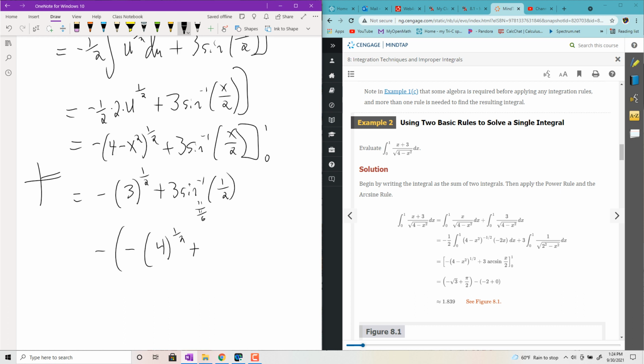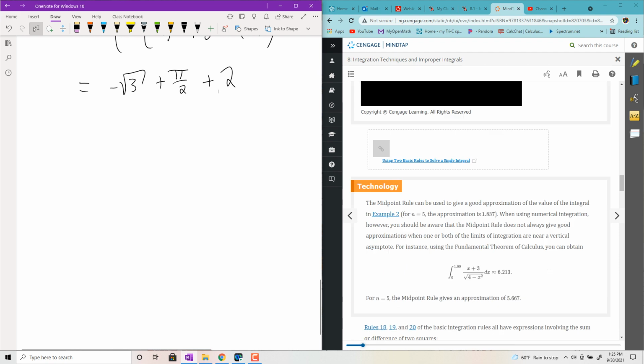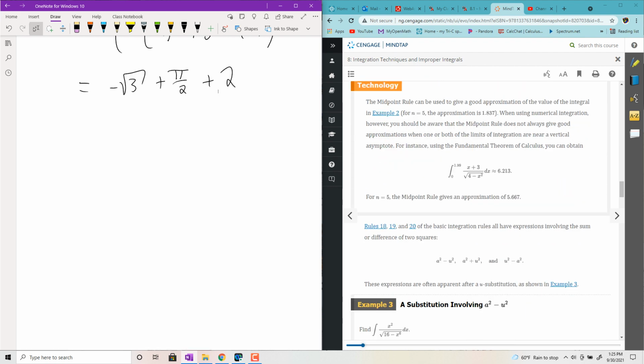And then plus 3 sine inverse of 0, which is just 0. Okay, so I get negative root 3 plus 3 pi over 6, which is pi over 2, and then plus 2 minus 0. Okay, so there's that. Yeah, using technology is great.